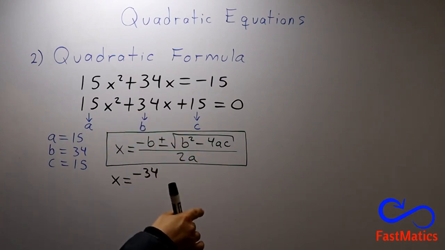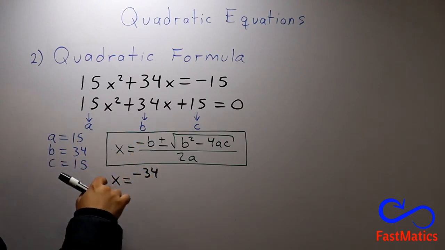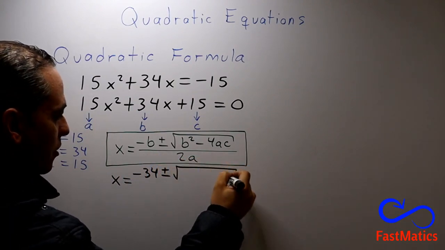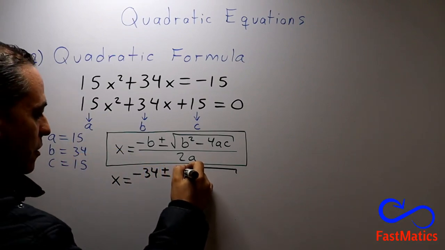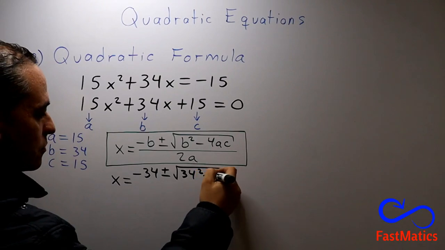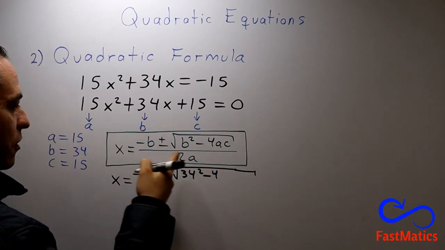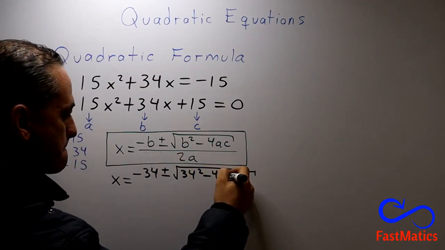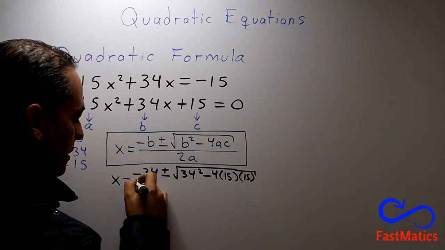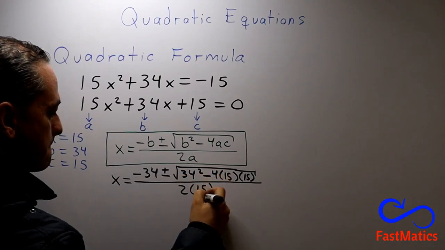But this is not the case, so we write minus the value of b, plus or minus the square root of the value of b squared minus 4 times the value of a, the value of c, and everything divided by 2 times the value of a.